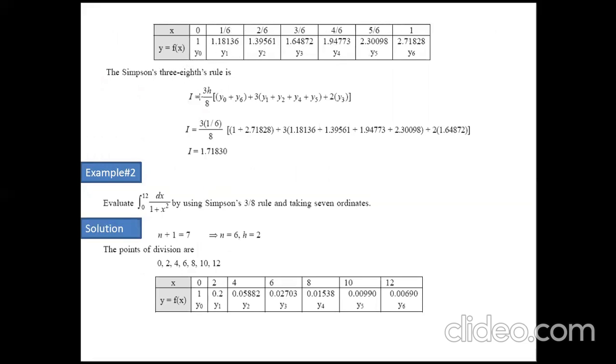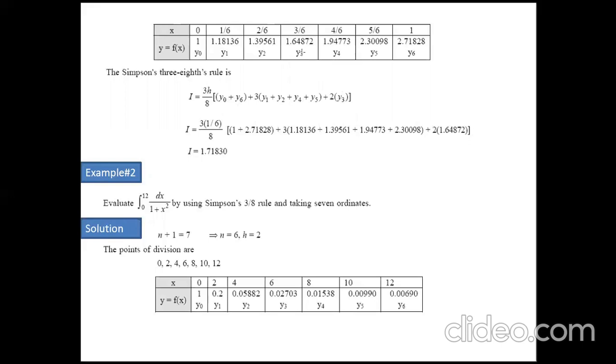Now you have to apply Simpson's 3 by 8 rule. That is equal to 3h by 8. What is your first term? y0. What is your last term? y6. So we have gathered the first and last terms, y0 plus y6. Now the term with an index that is a multiple of 3 is only y3.